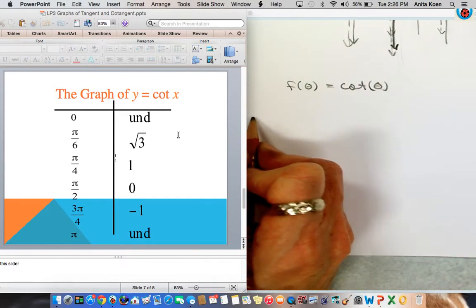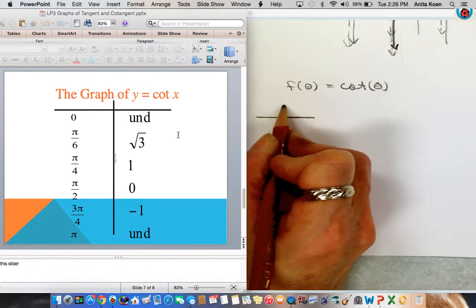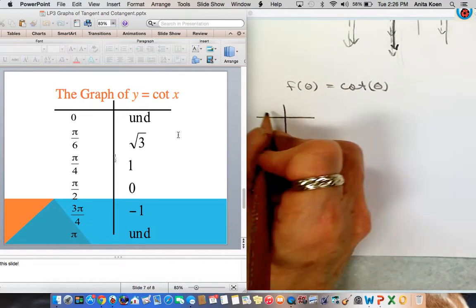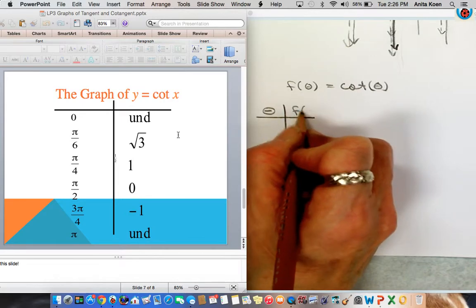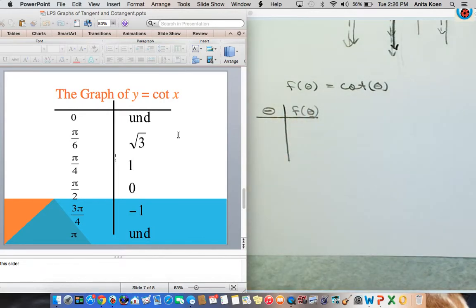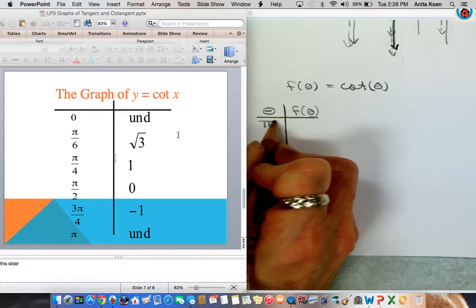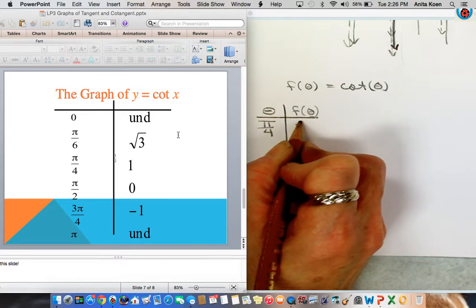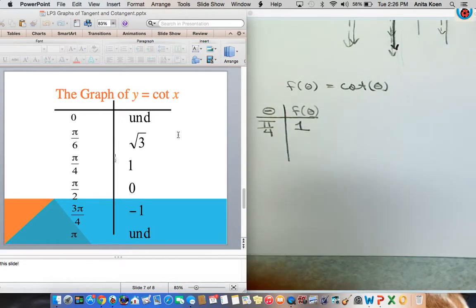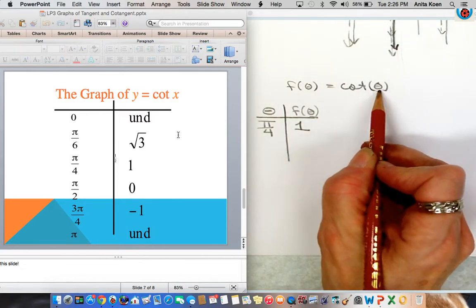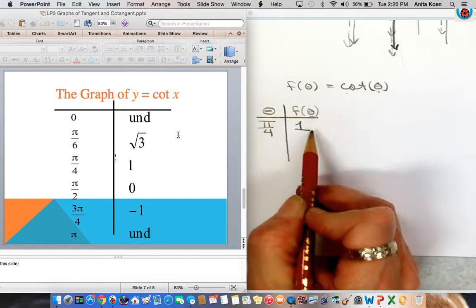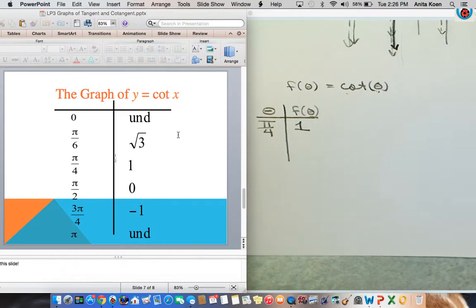So let's draw the table that we want to learn. Okay, so theta, f of theta. At pi over 4, we have a value of 1. If I substitute pi over 4 in for theta, the cotangent of pi over 4 is 1.